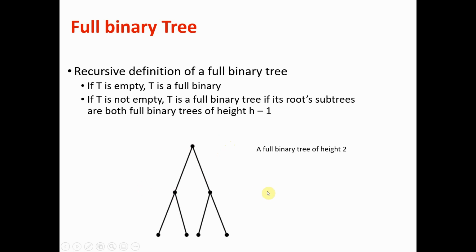At level 1, we have 2 nodes. At level 2, we have 4 nodes. If this continues, at level 3, we're gonna have 8 nodes. What about at level n? How many nodes are we gonna have in a full binary tree?